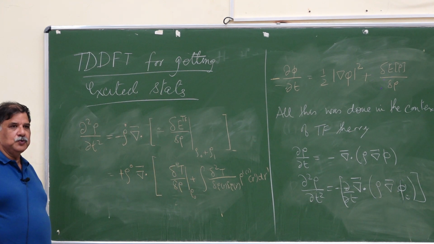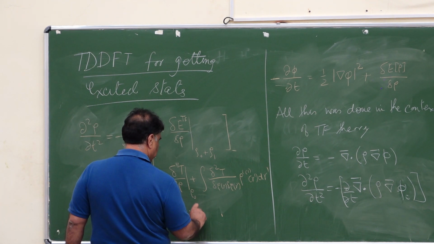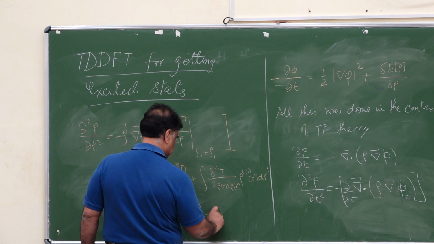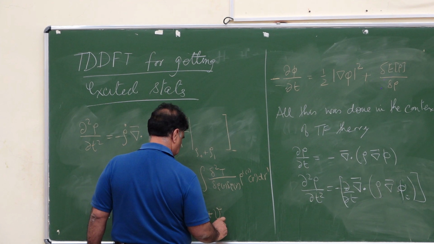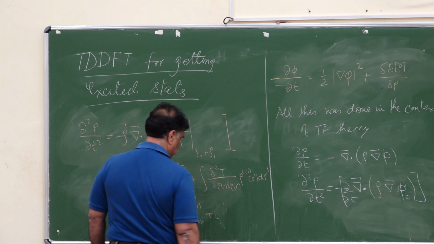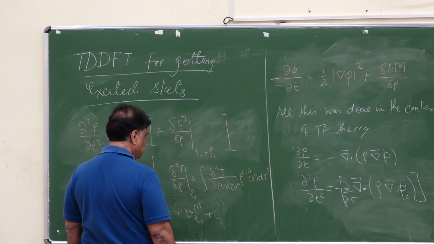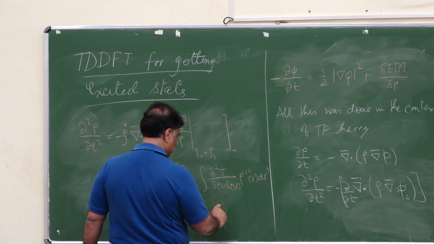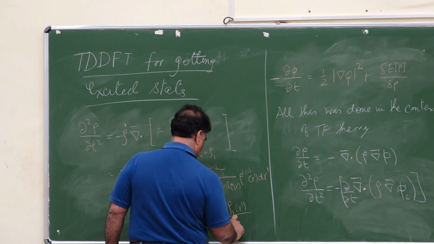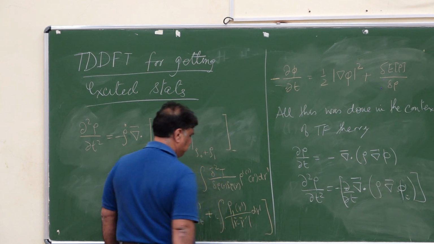In Thomas-Fermi there are only two terms, kinetic energy and external, so external is going to be plus V1 external, plus V0 external, which was 0 anyway, plus the potential due to all this, which is going to be the integral of rho 1 r prime over |r minus r prime| dr prime.